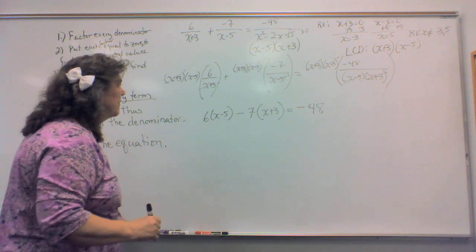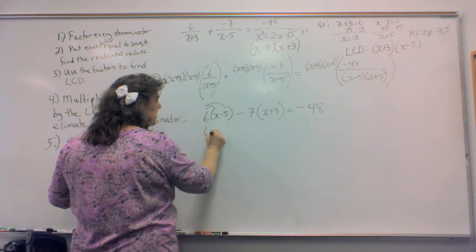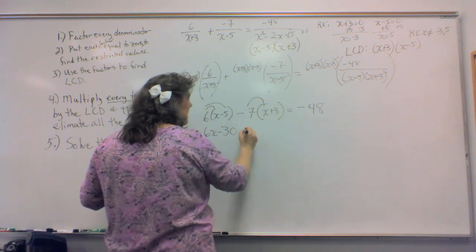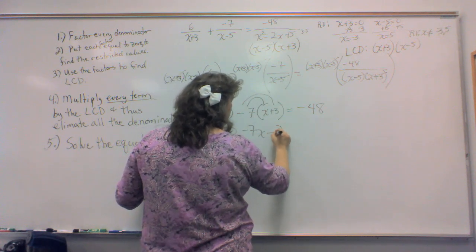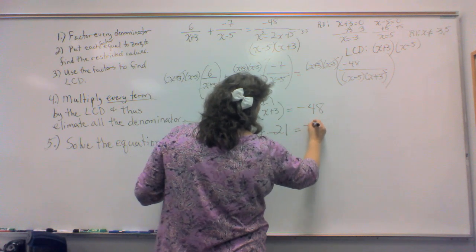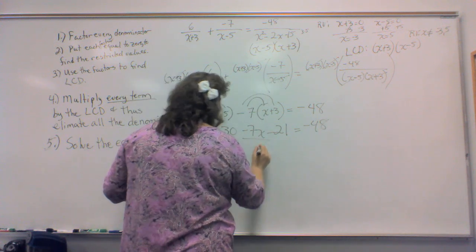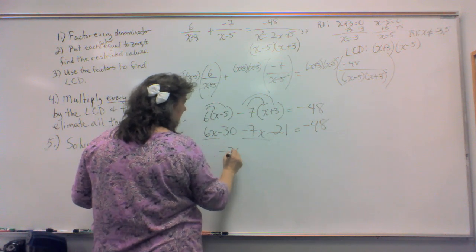Okay? Now we're going to have to distribute, giving me 6x minus 30, negative 7x, negative 7 times 3 is minus 21, equal to a negative 48. Combining like terms, 6x minus 7x is a negative x.